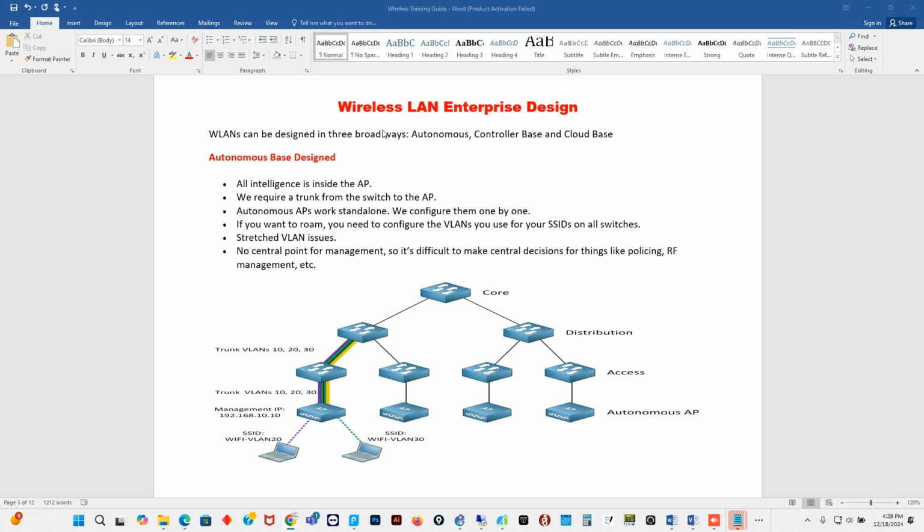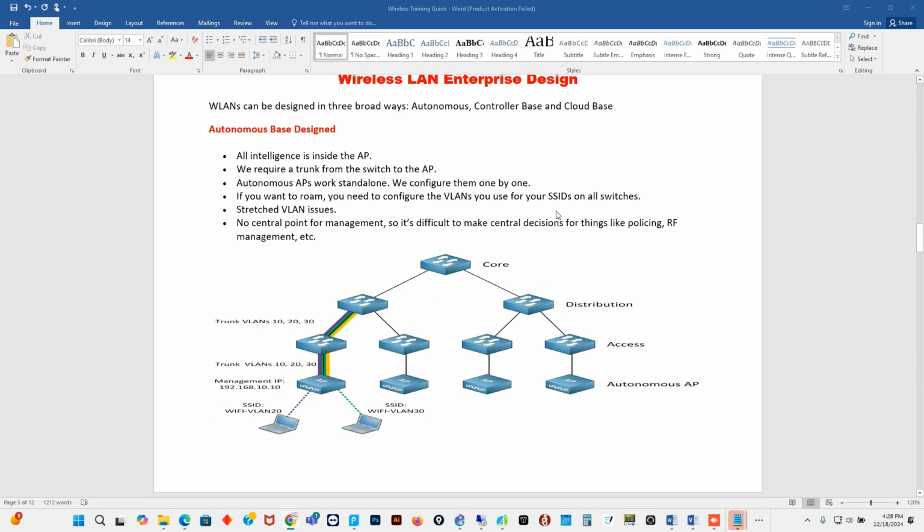So you can have a design template as autonomous design, controller based design, or cloud based design. Today we are going to focus on autonomous based design. All these are infrastructure mode when it comes to wireless, where you have infrastructure to control your wireless.